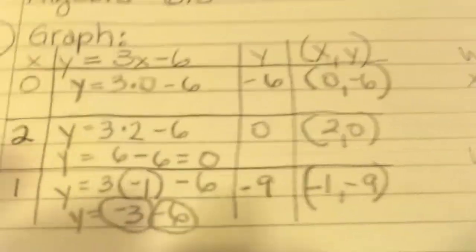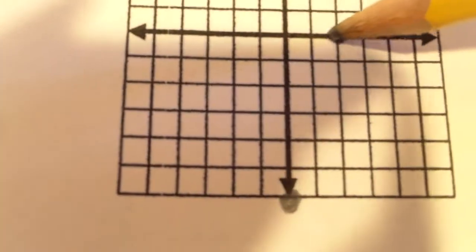So I'm going to graph this. My first point is 0, negative 6: 0, negative 1, 2, 3, 4, 5, 6. You can do this in your black and white graphing notebook. 2, 0: x is 2, y is 0, so I'm not going anywhere but here.